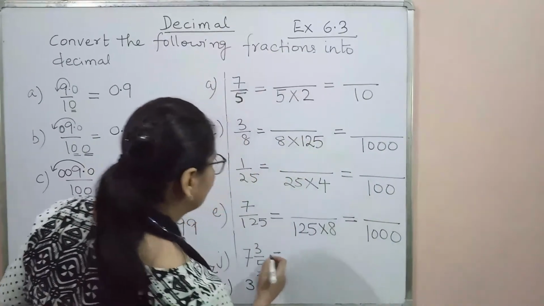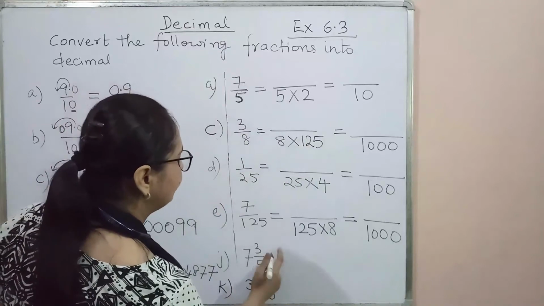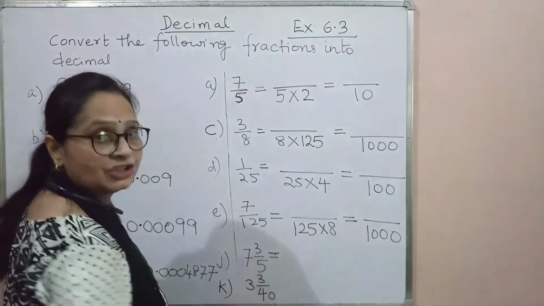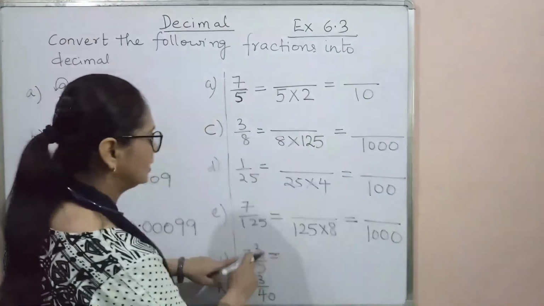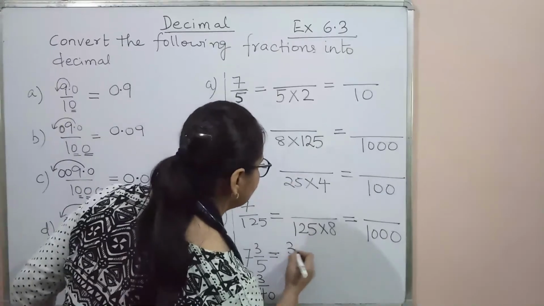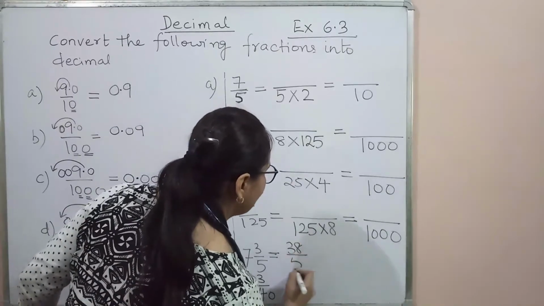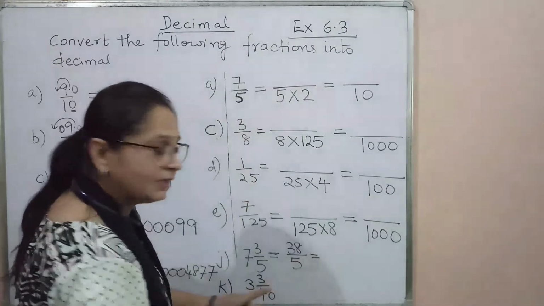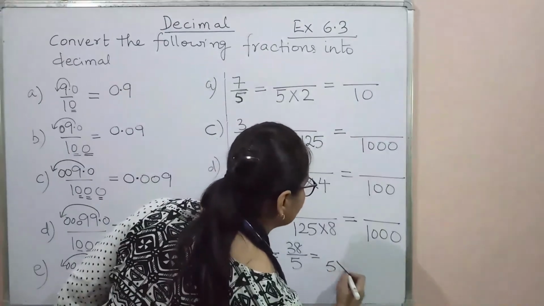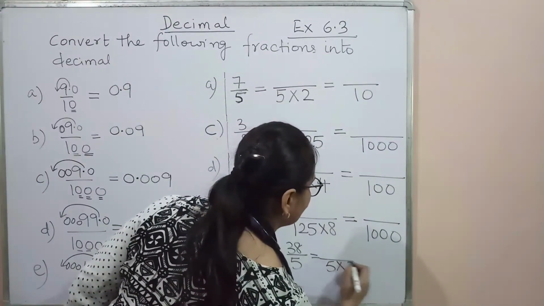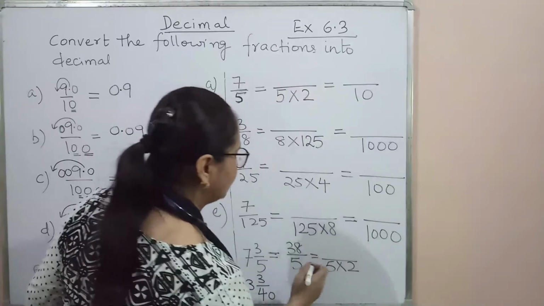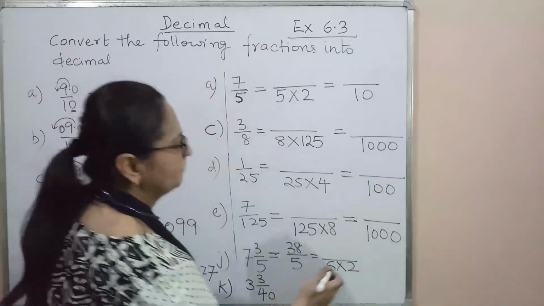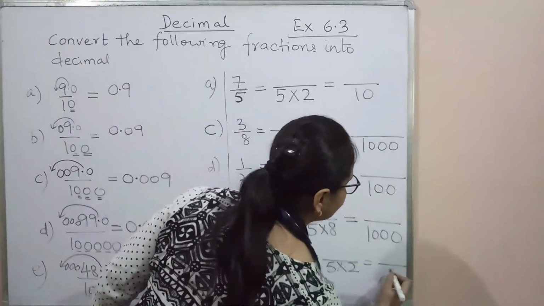Here we have, first we will have to convert this mixed fraction into improper. 7 5s are 35, 36, 37, 38 upon 5. And we all know 5 can be converted into a number like 10, 100, 1000 by multiplying it by 2.